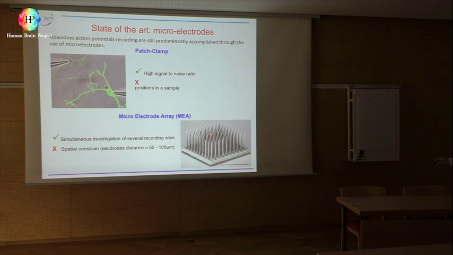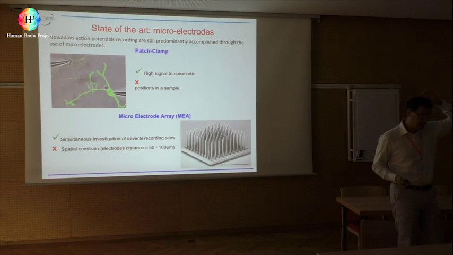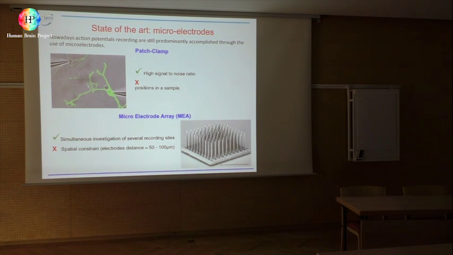Because here you see the distance between those electrodes is much higher than the dimension of a single cell, and a neuron can also be placed in the middle between them. So the advantage of the multi-electrode array, which can also be implanted into the brain, is that it's very sensitive, but it's limited only to this plane and is not single cell resolution.